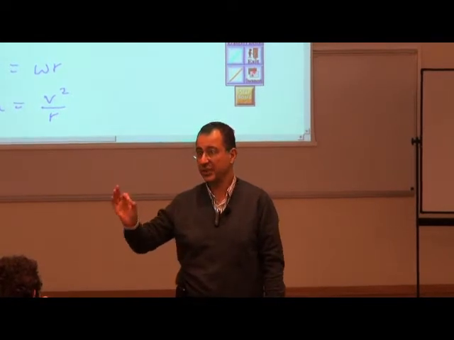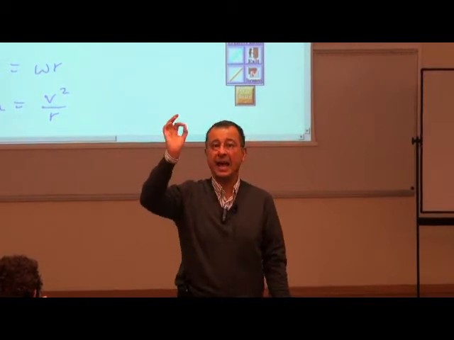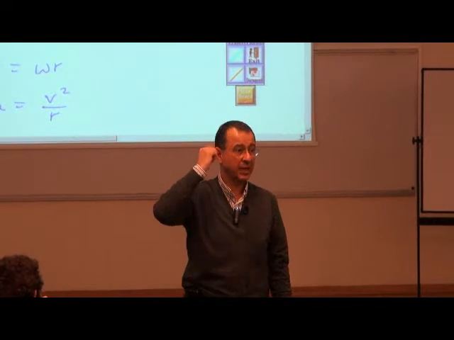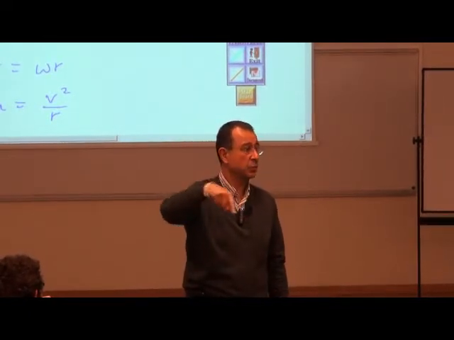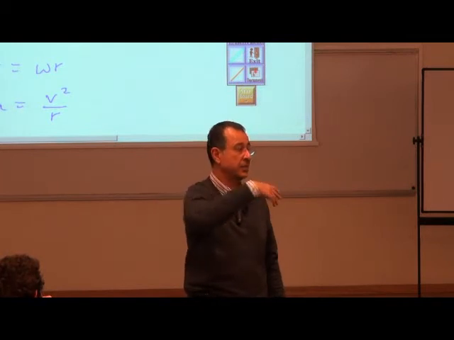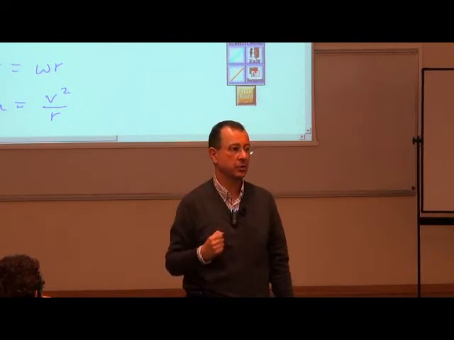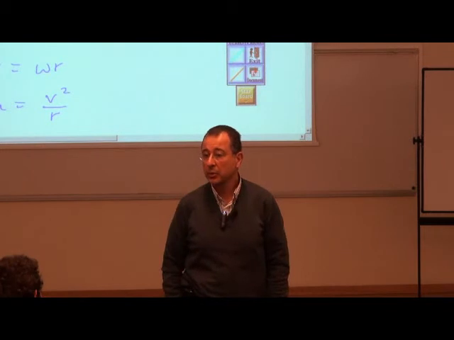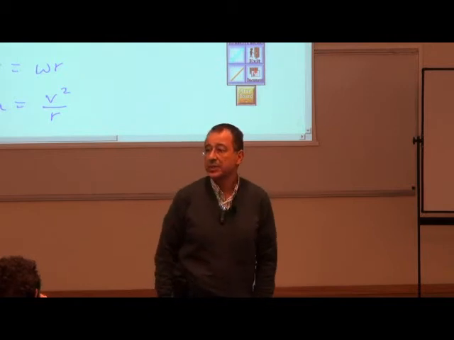This is just an observation that moving in a circle means acceleration of exactly this magnitude. The acceleration must be speed squared over r if the thing is going to move in a circle. If the acceleration is not v squared over r, this thing will not be moving in a circle. Maybe it will move on an ellipse or something else, but not in a circle. Okay? Clear? Any questions?